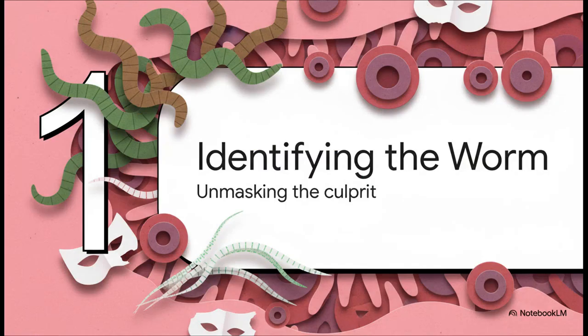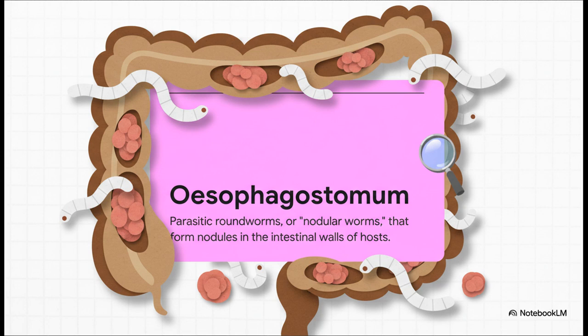Okay, so with a set of symptoms that baffling, the first huge step is just figuring out what you're dealing with. We're going to unmask the organism that's responsible for this whole condition, which is known as Oesophagostomum. So the organism we're talking about comes from the genus Oesophagostomum. These are parasitic roundworms, and their common name, the nodular worms, well, it gives the game away.